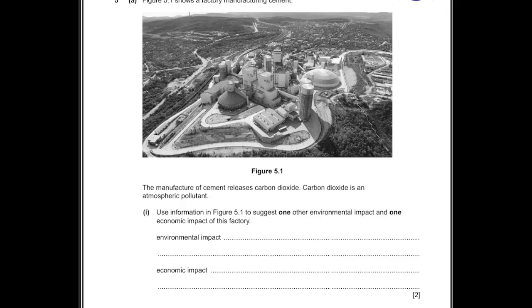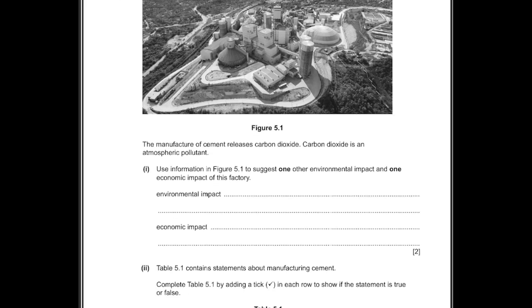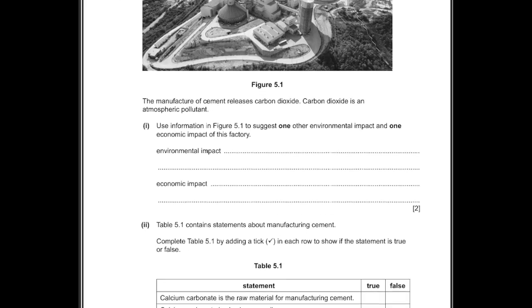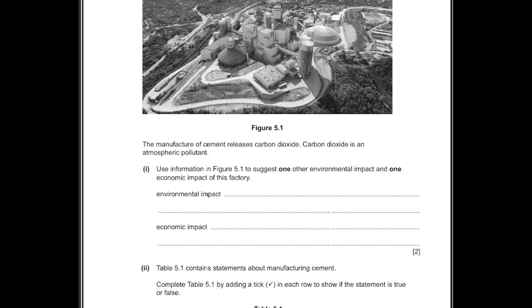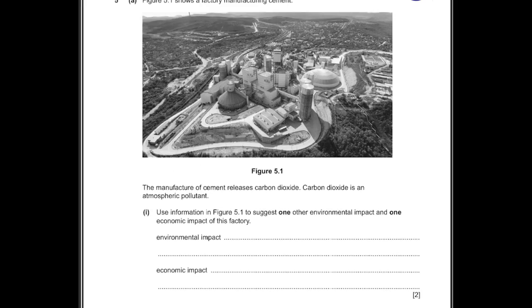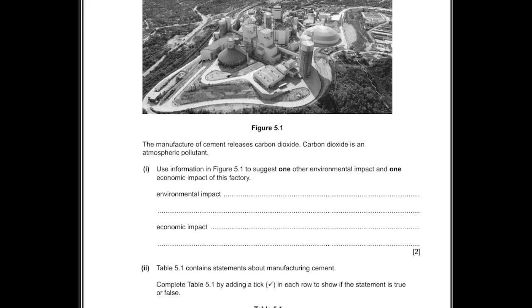So what would be the first environmental impact of this cement factory? Whenever there is construction of a huge cement manufacturing plant or any factory, the huge loss is for the habitat of plants and animals there. So we can mention here biodiversity loss or habitat loss.